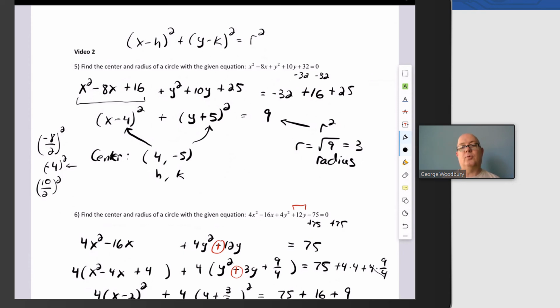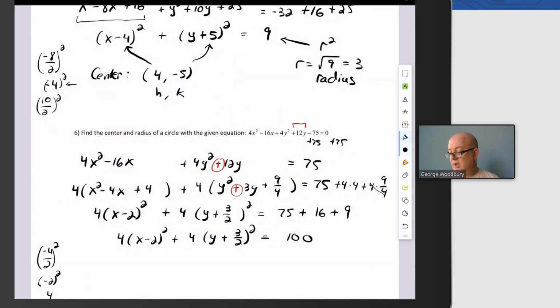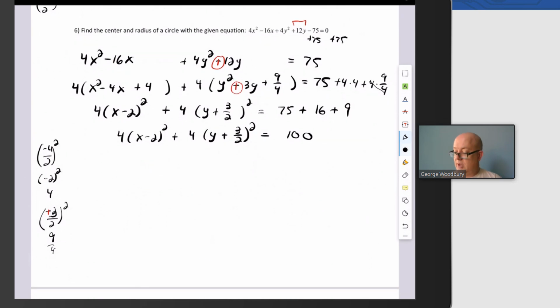I've got to get rid of the 4 that's in front of those square terms, and I can do that by dividing. I'm going to divide all terms on both sides by 4. So now I have x minus 2 quantity squared plus y plus 3/2 quantity squared equals 25, because 100 divided by 4 is 25.